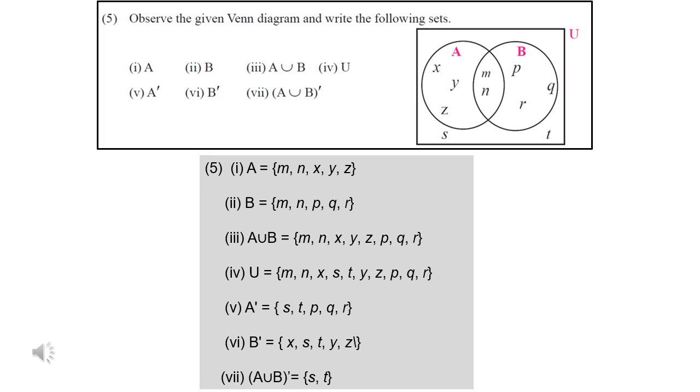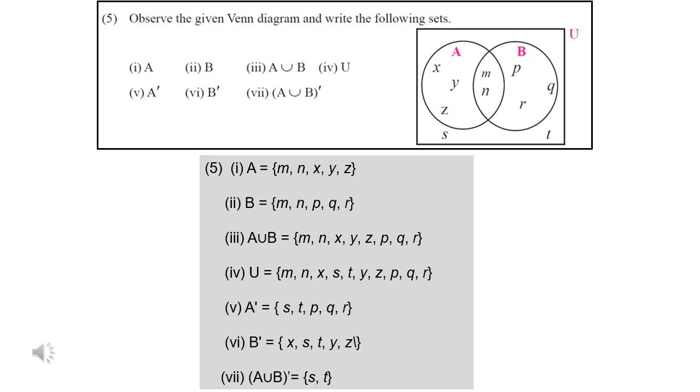Now universal set means you are going to combine all the elements of set A, set B and those which are outside in the box. So we have M, N, X, Y, Z, P, Q, R and S, T. Now A complement. A complement means you are going to write those elements which are not present in A but they are present in the universal set.